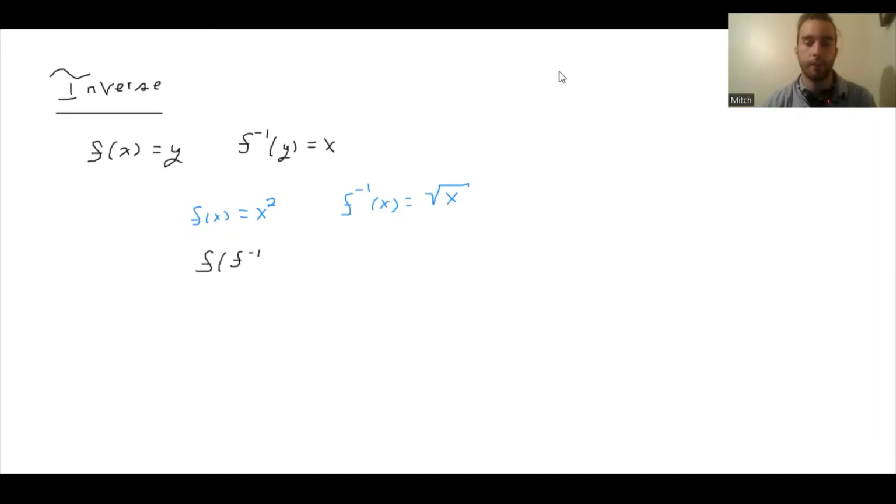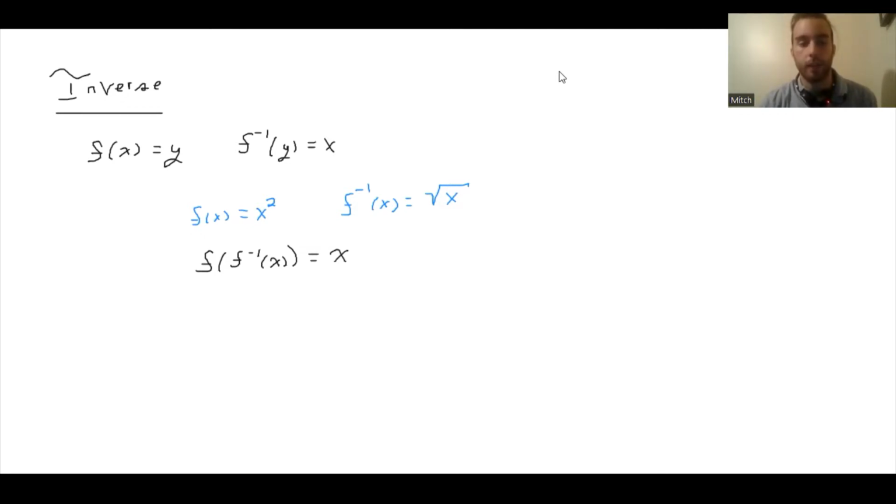So if we have f of f inverse of some variable, that's just going to give you back that input. As an example, with our squared and square root, we can do this either way.